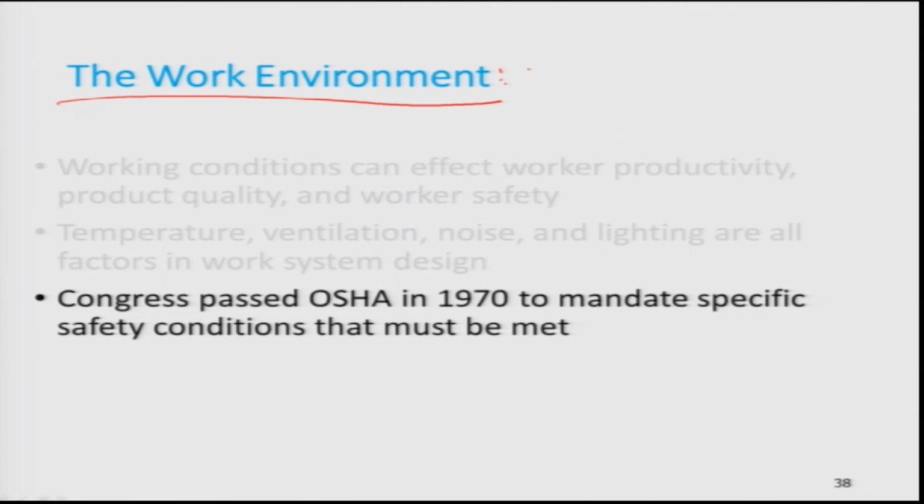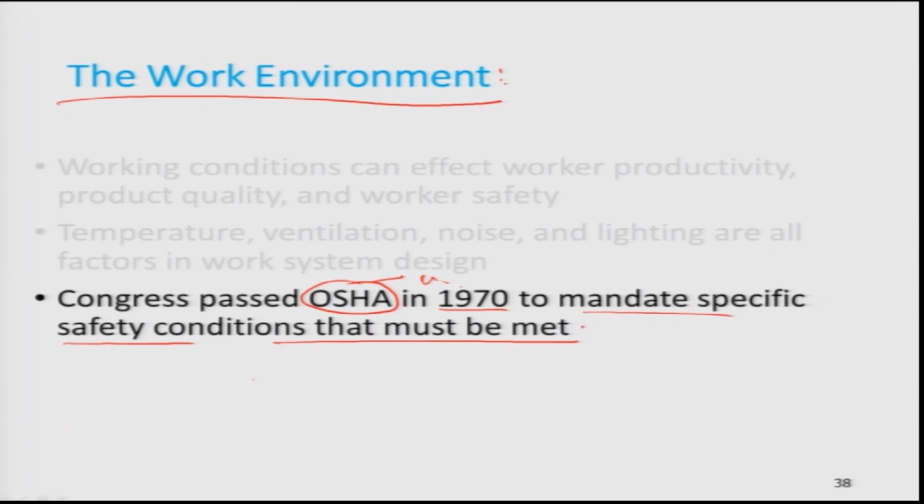Congress passed OSHA in 1970 to mandate specific safety conditions that must be met. This was proposed in the USA for the working environment. There are some standard guidelines and protocols to make a better work environment.